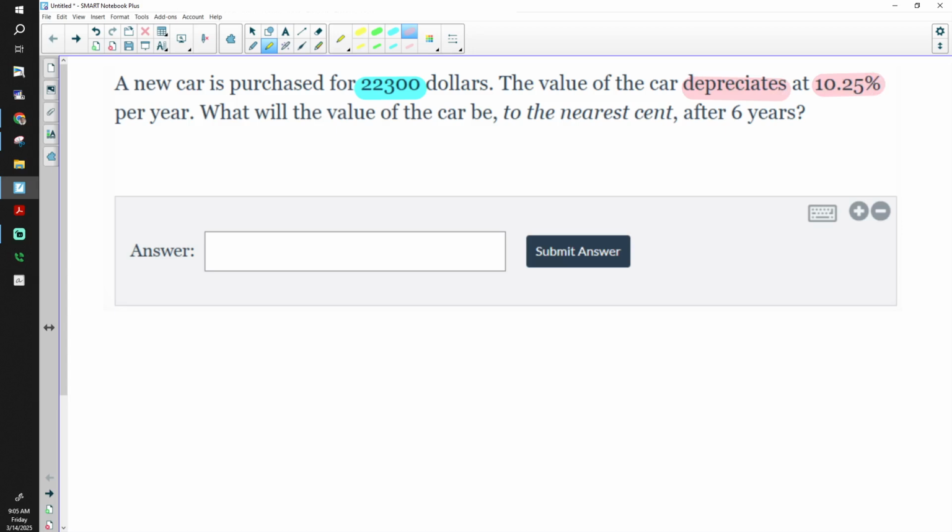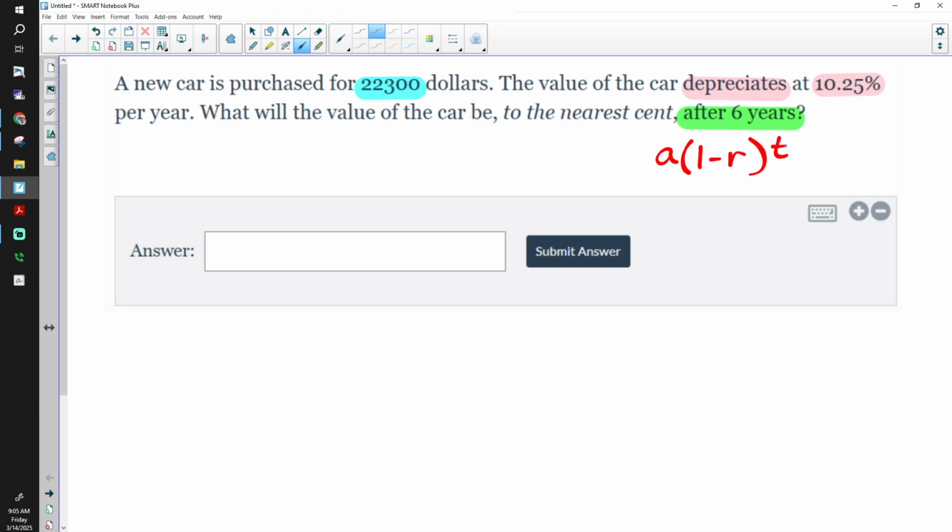Our question is, what will be the value of the car to the nearest cent after 6 years? So the first thing we're looking at is, is this growth or is it decay? I see the word depreciate, which kind of sounds like the word drops. Depreciate means to go down, so we are going to use A times 1 minus r to the power of t.